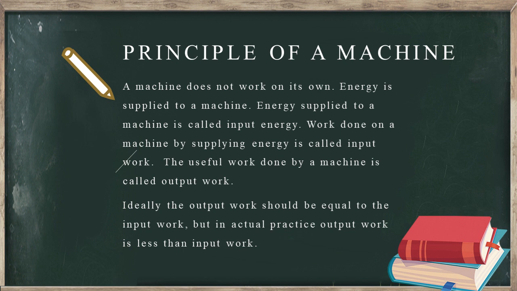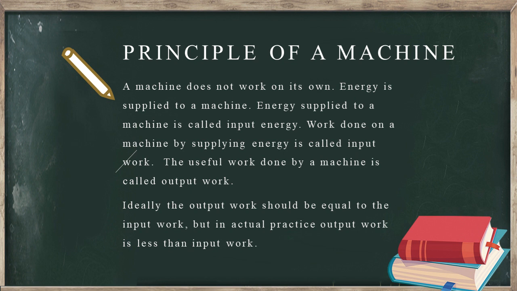Let's talk about the principle of machine. Machine cannot work on its own. As all of you know that some energy is needed for the work to be done. This energy has to be supplied so that the machine can work properly. The energy supplied to a machine is called, children, input energy.